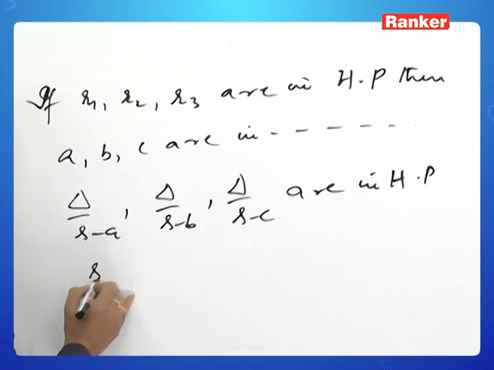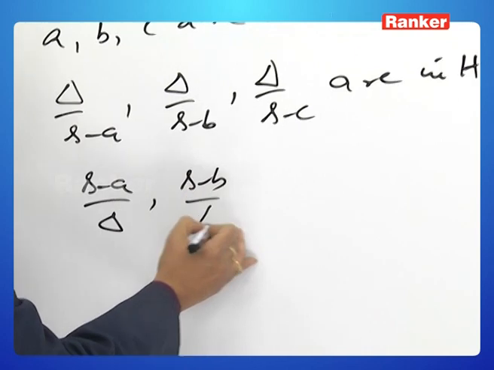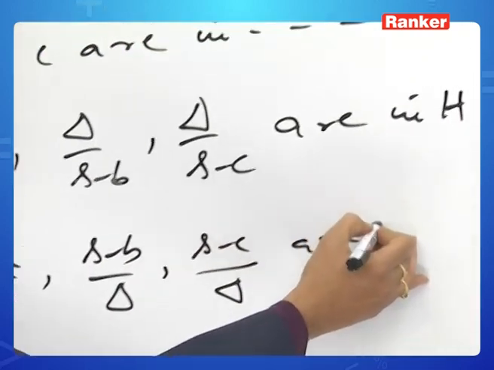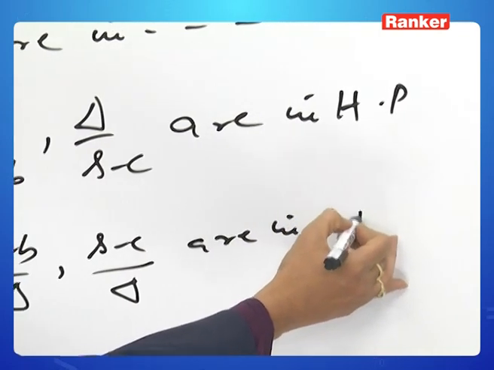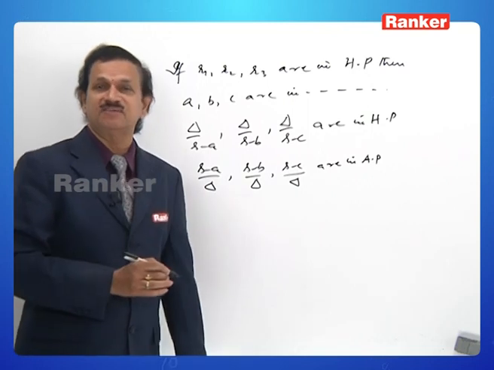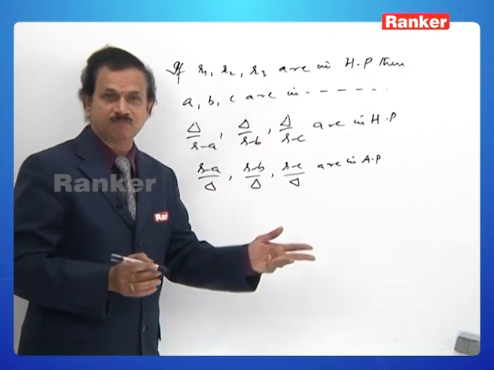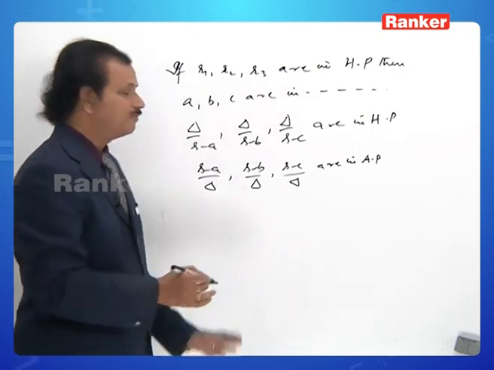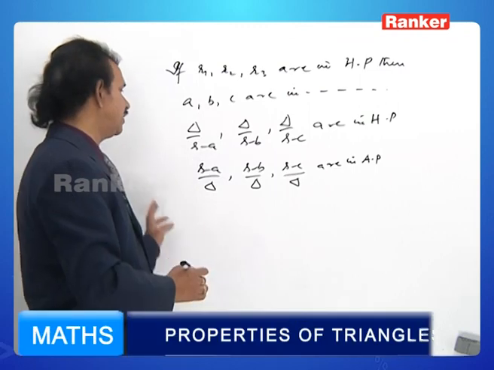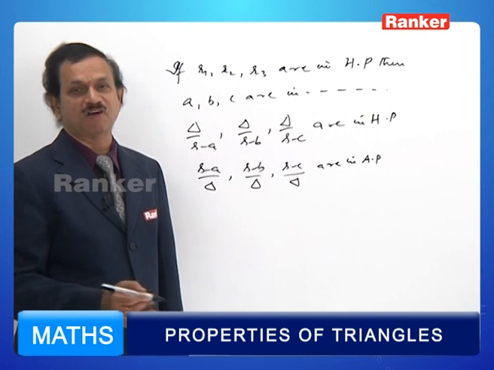That is s minus a by delta, s minus b by delta, s minus c by delta are in AP. If three terms are in AP, beautiful properties will be exhibited by those three numbers. If you multiply all of them with a constant number, results will be in AP. If you add a constant number to all of them, results will be AP.